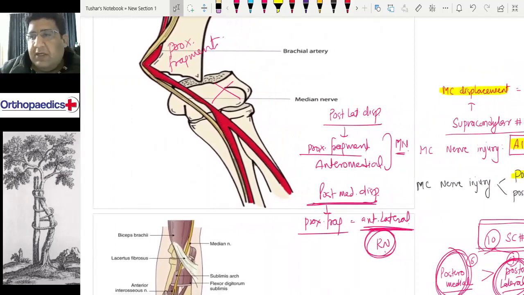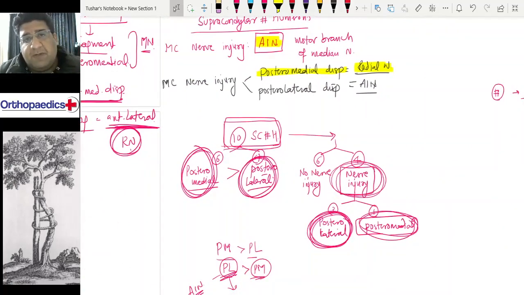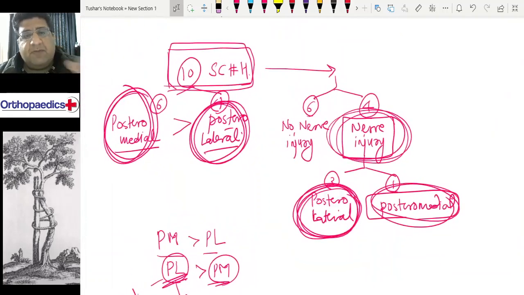So guys, till now I have answered your two questions. The first question was that even though posteromedial displacement is more commonly seen as compared to posterolateral, then why is anterior interosseous nerve injury more common? Because that is seen with posterolateral displacement. So PM displacement is more common than PL, but a PL displaced fracture will present with nerve injury more commonly as compared to a PM displaced fracture.